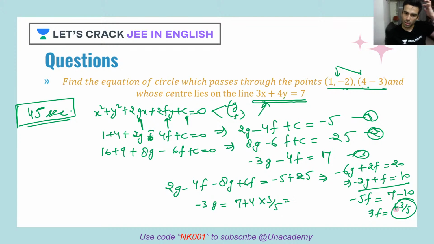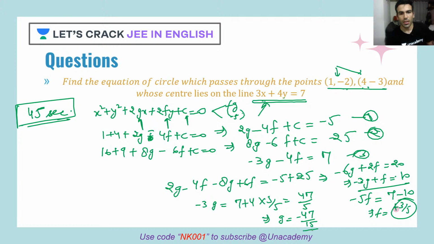I get 12, and this is 35. So 47 by 5, and my g becomes minus 47 by 15.